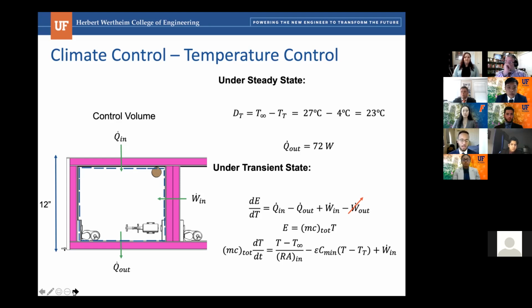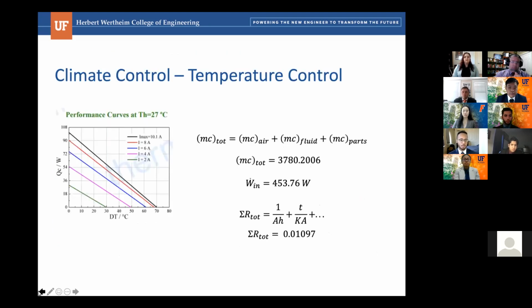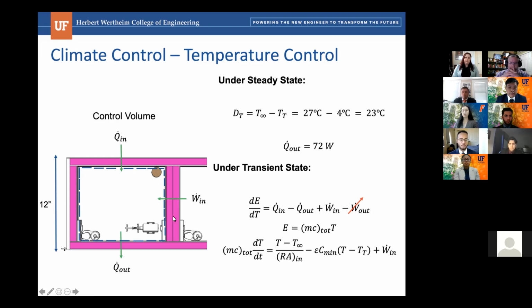And so, given the fact that there is no heat transfer or work moving to the outside of the system, inside being positive, outside being negative, a differential equation was come up with in order to solve for the amount of time it takes for the room temperature to achieve the 4 degrees Celsius temperature.